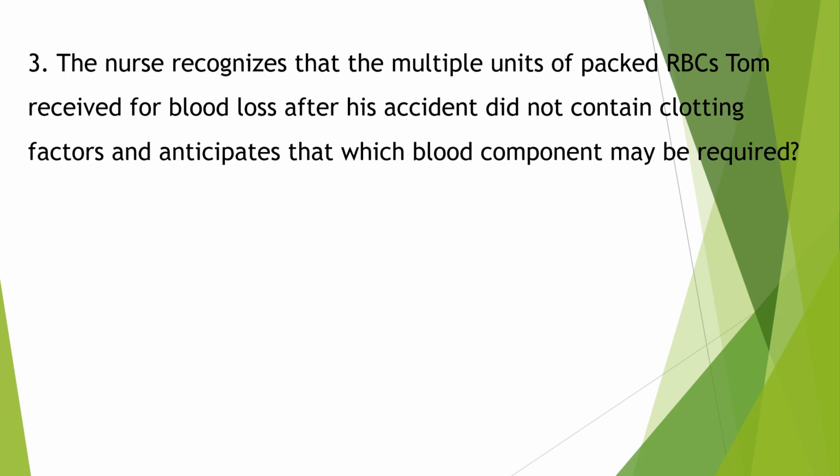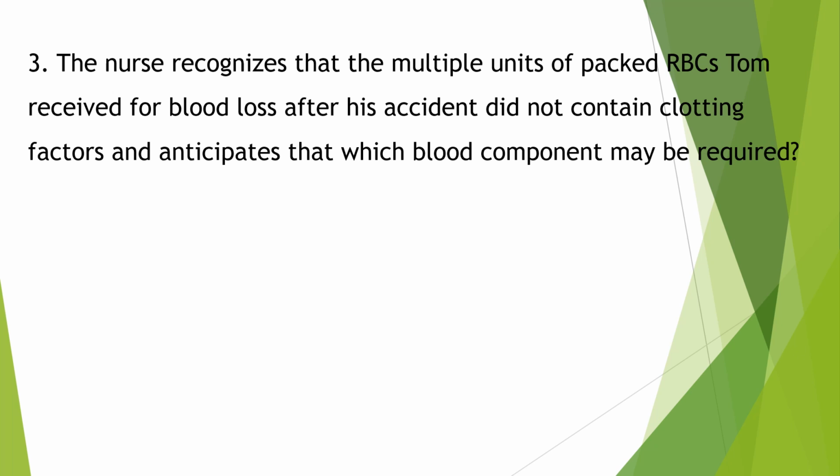The nurse recognizes that multiple units of packed RBCs Tom received for blood loss after his accident did not contain clotting factors and anticipates that which blood component should be required. So the patient was getting packed RBCs, but some clotting factors were missing.